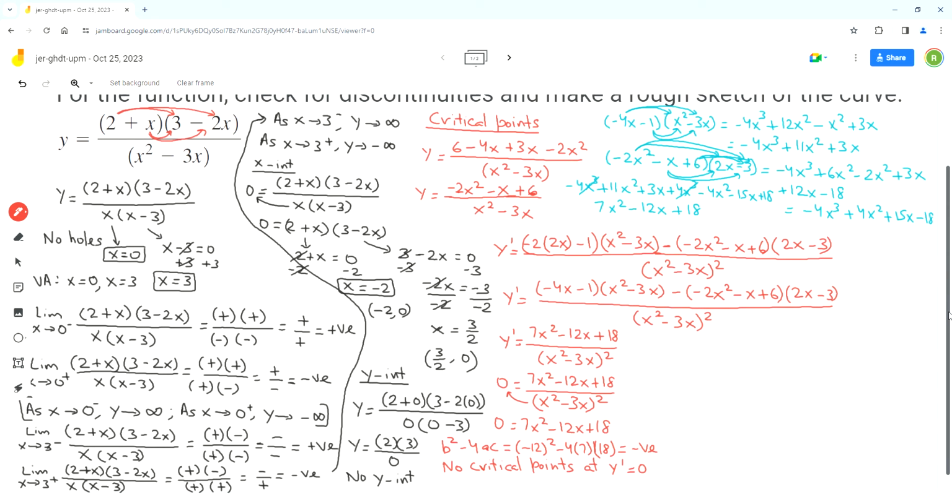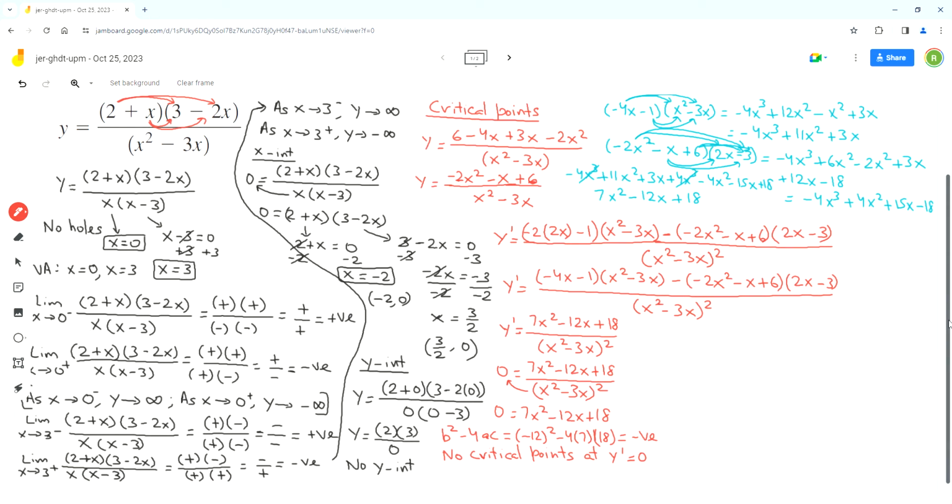Now next we can find the horizontal asymptote in this function. For that we'll have to modify this function. So we should use the distributed form of the function that we got for critical points. I can highlight it.